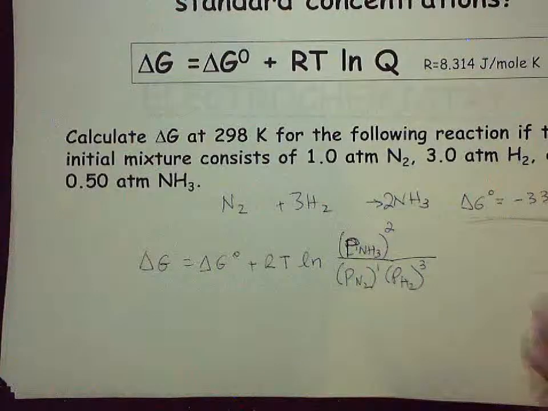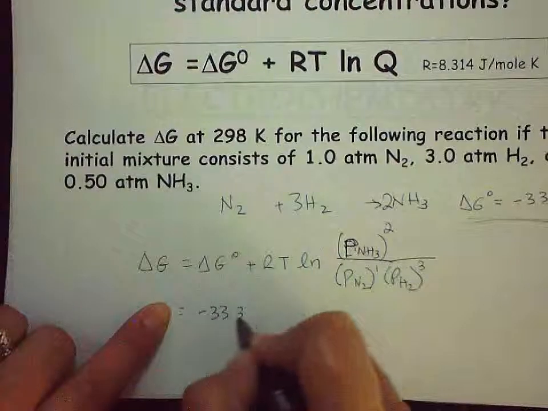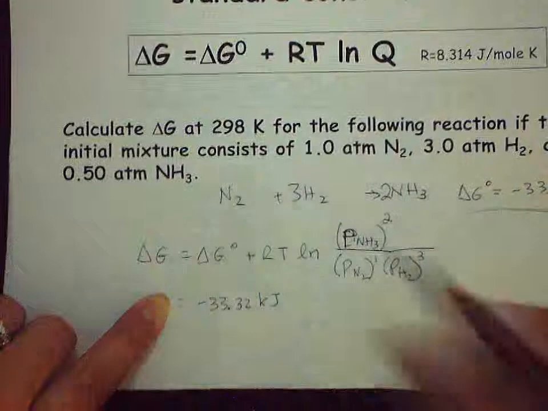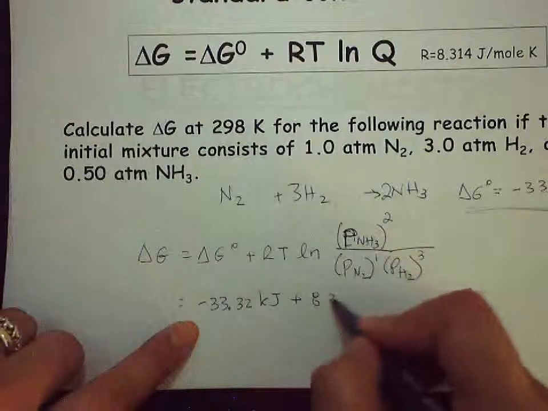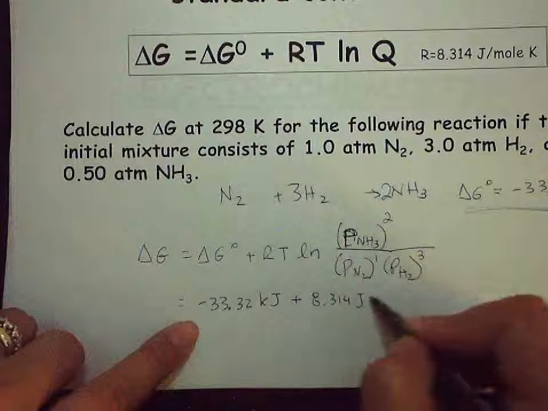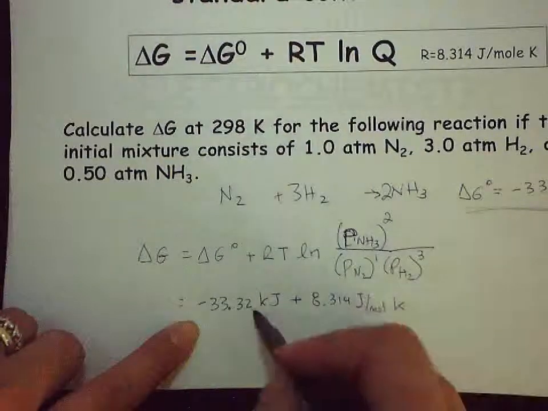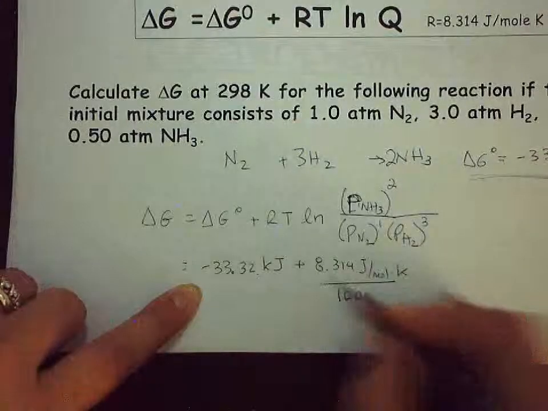Okay, fun. All right, well, what was delta G? We calculated it was negative 33.32, and again, don't get lazy on me, put the units in so you realize whether you're being consistent or not. All right, what's R? 8.314 joules per mole Kelvin. That's inconsistent, right? So divide by 1,000.